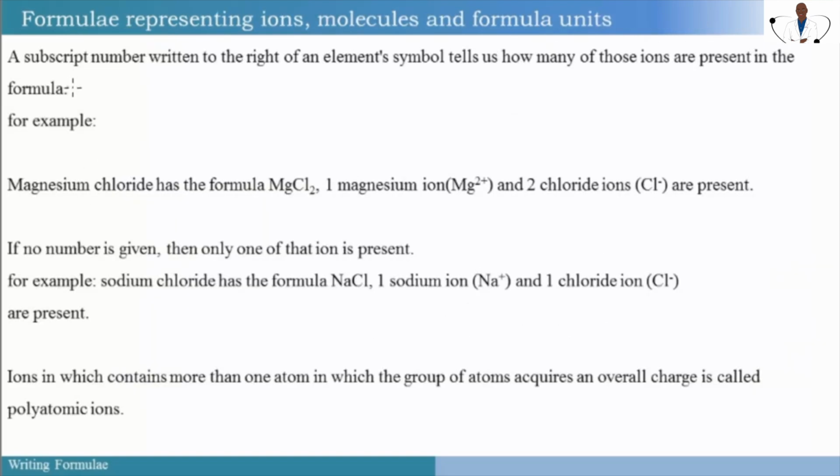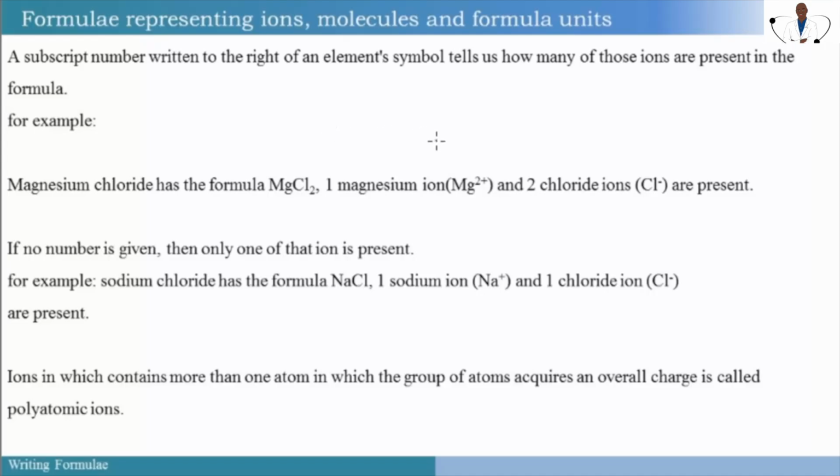A subscript number written to the right of an element tells us how many of the ions are present in the formula. In this example, we have magnesium chloride. So here we see where we have 1 magnesium and 2 chloride ions present.